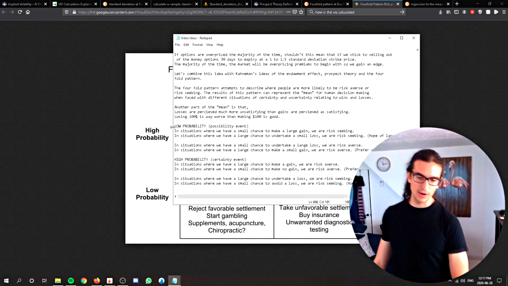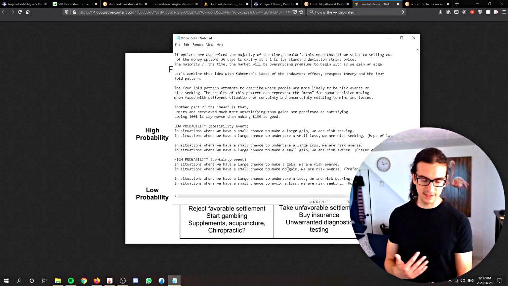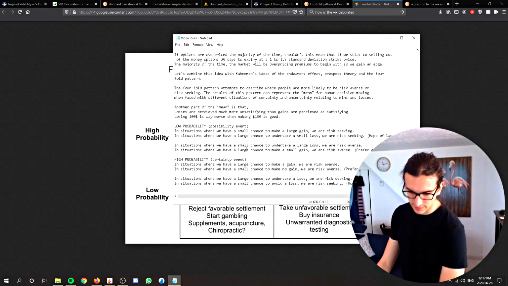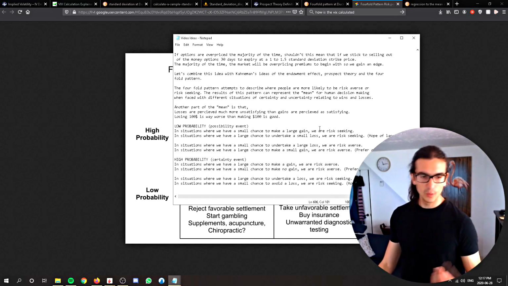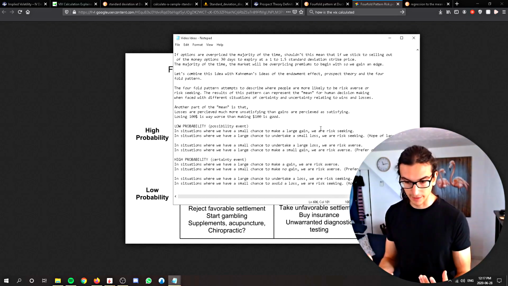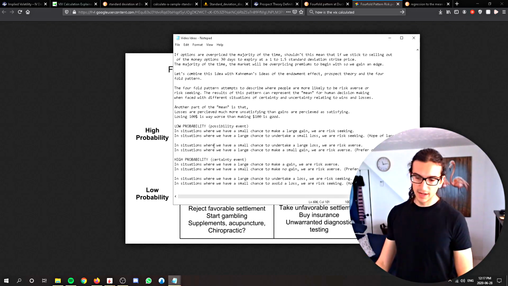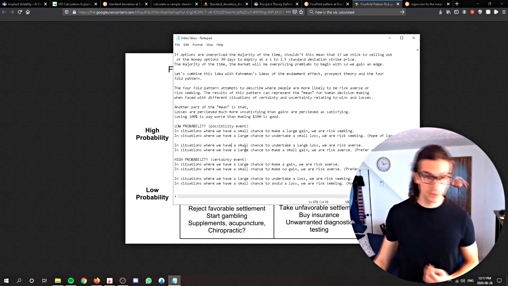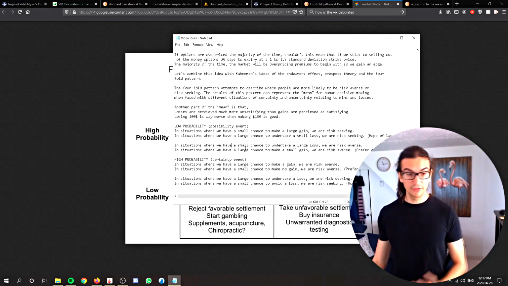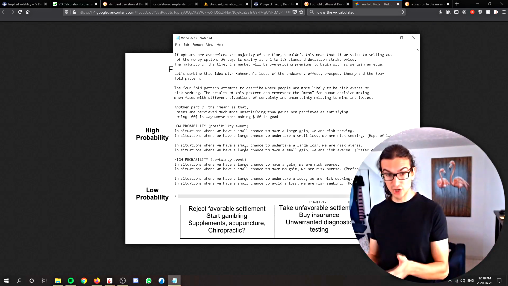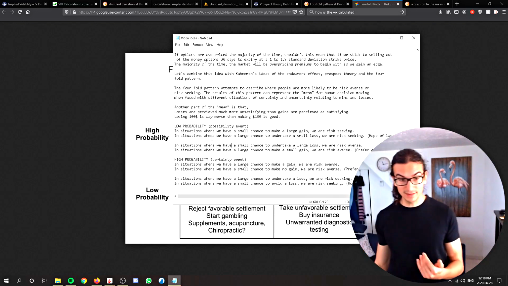For every statement that was written, I tried to write the opposite statement to make myself understand it a little bit more. So basically, in a low probability to make a large gain, we have a hope of a large gain. There's that hope factor that plays in even though the probability is not there. In situations where we have a small chance to undertake a large loss, if we have the choice between a small chance to make a large loss and a certain chance to make a smaller loss, we're going to take the certain chance because we prefer certainty.